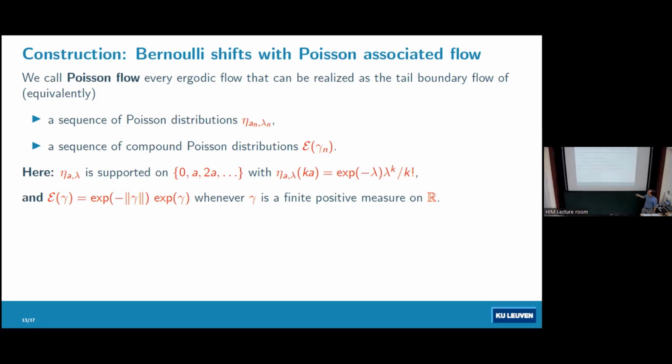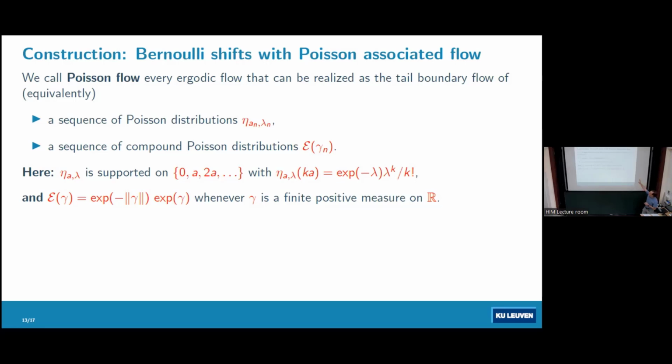But of course, you could also do it more generally. That's what they usually call compound Poisson distributions. Given any finite positive measure on the real line, you could take its exponential for convolution powers and then normalize so that you get a probability measure. So that's what they usually call a compound Poisson distribution.